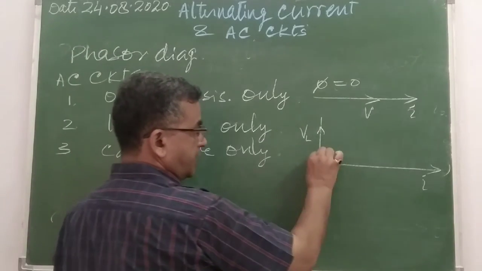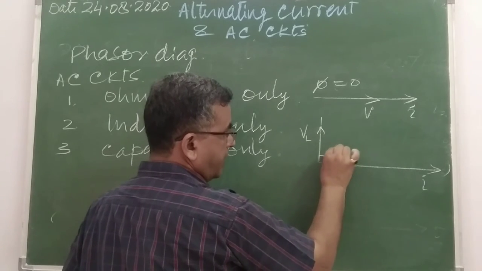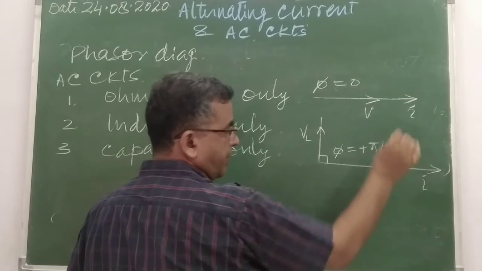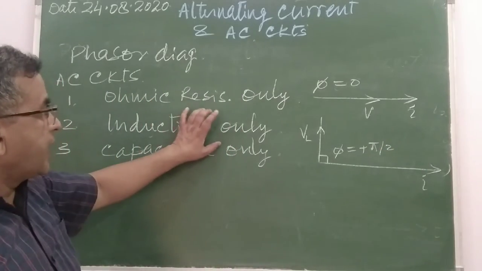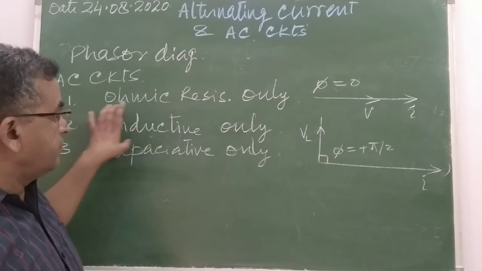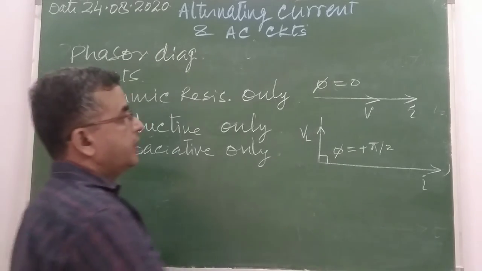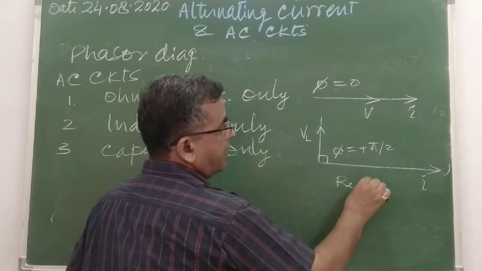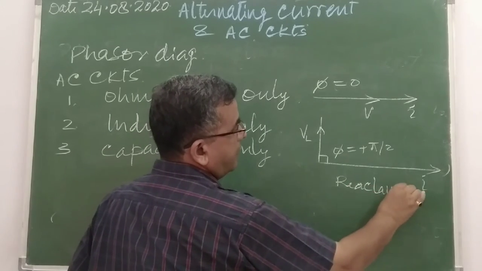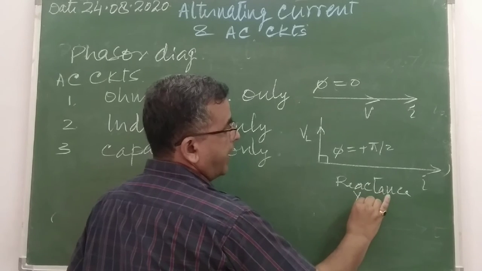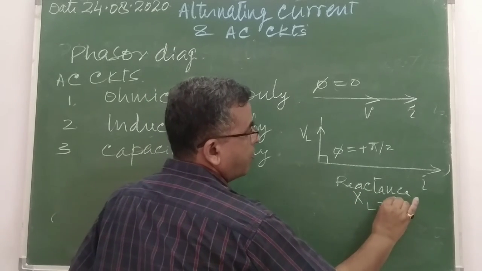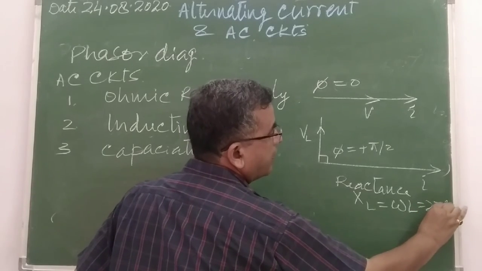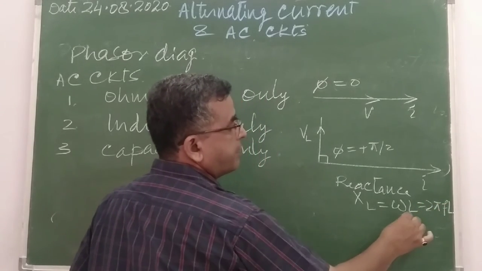So the phase difference between V and I is plus pi by 2. The resistance of this coil is called reactance, represented by XL, which is omega L or 2 pi f L. It is measured in ohm.